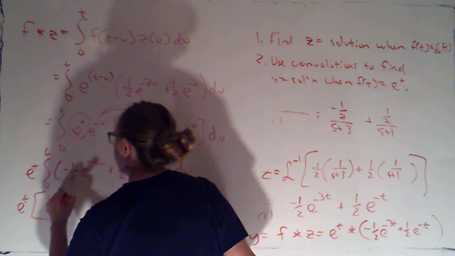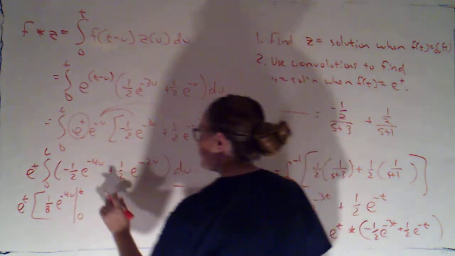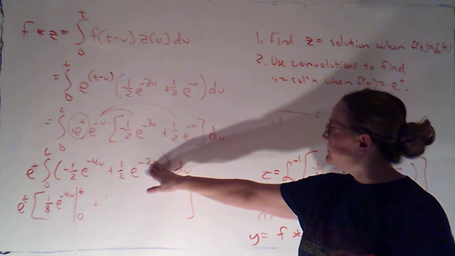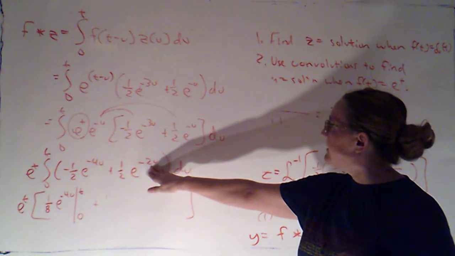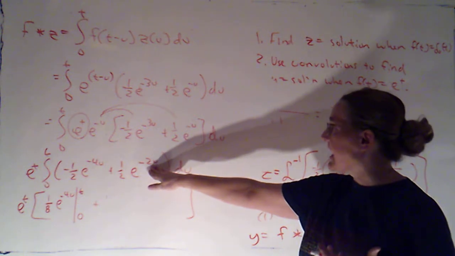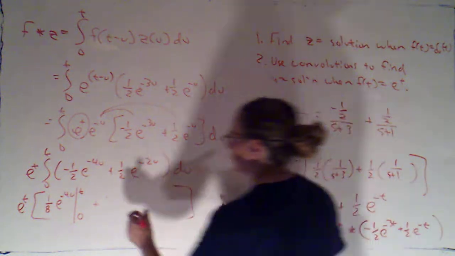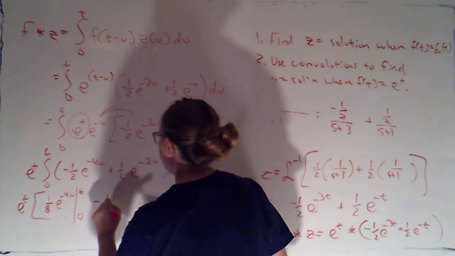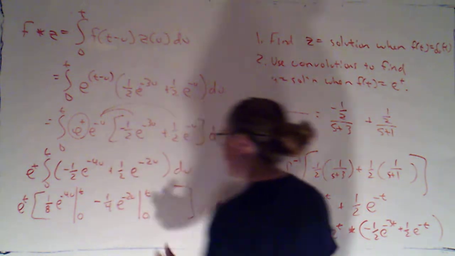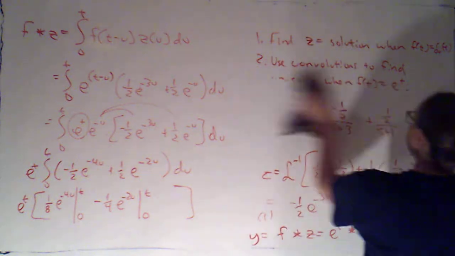e to the negative 4u evaluated between t and 0, plus, now here, if I've got e to the negative 2u, I'm going to end up introducing an extra factor of negative 1/2, and so this is going to become actually minus 1/4 e to the negative 2u evaluated between t and 0. All right.